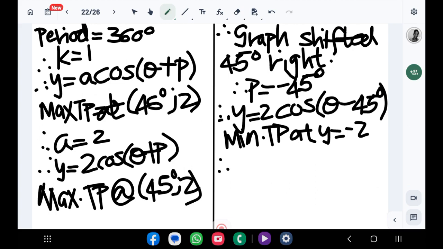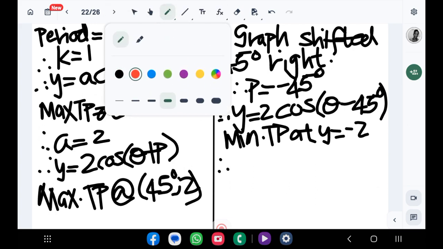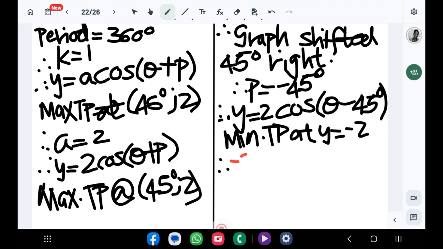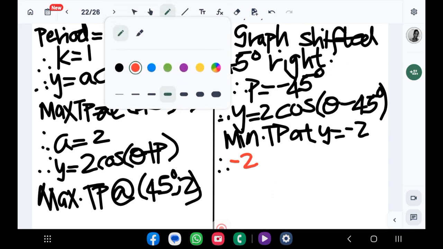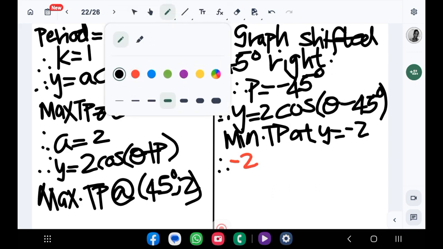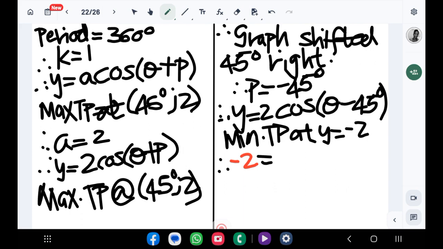Therefore, negative 2 is equal to 2 cos of theta minus 45 degrees.